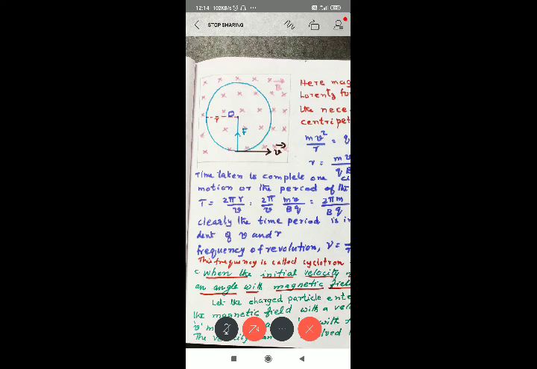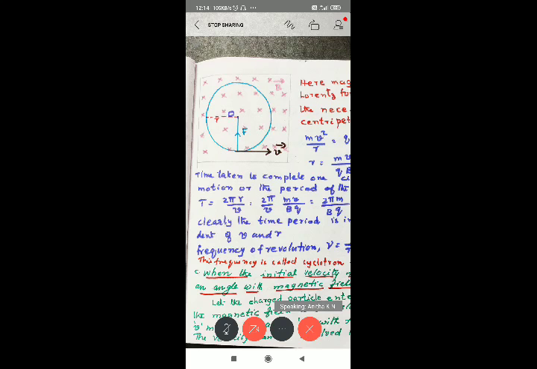So we know when the particle moves perpendicular to the magnetic field, F equal to BQV sin theta, or vector F equal to Q into V cross B, and F is perpendicular to V. Therefore it does not do any work. That force does not do any work, and there is no change in kinetic energy. Velocity is not increased. Only the direction of motion is changed.